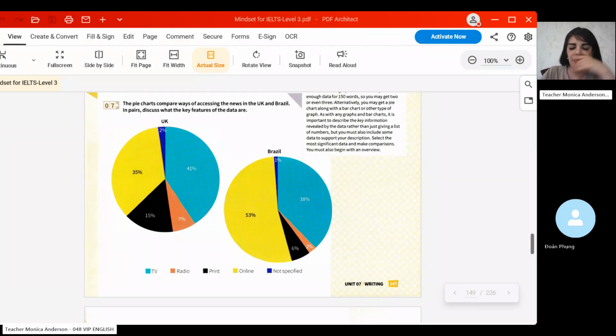Well, let me stop sharing and share the bar chart again. Okay, let me share it again.